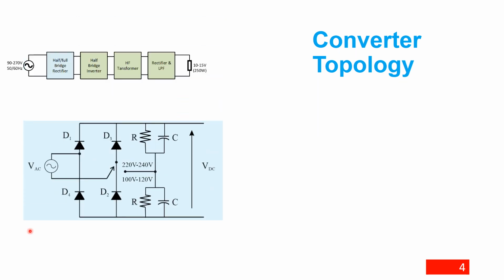The first stage uses a single-phase diode bridge with capacitor voltage divider to obtain a DC output voltage for the next stage. To accept both 110 and 220 volts standards, the first stage has a selector switch. The capacitors provide two equal DC voltages.